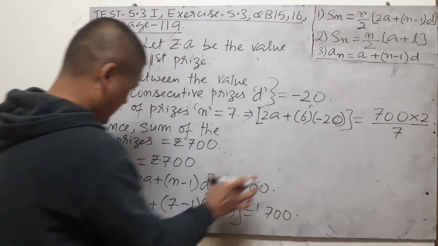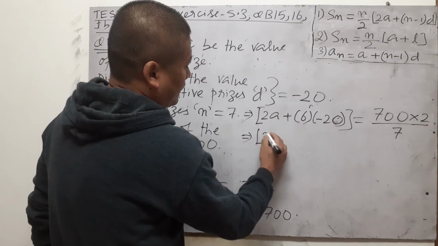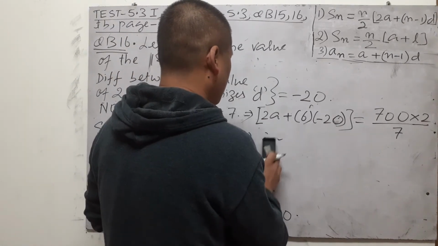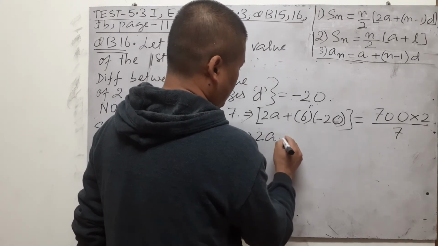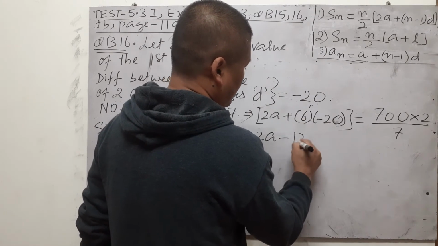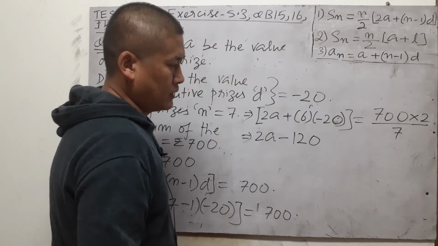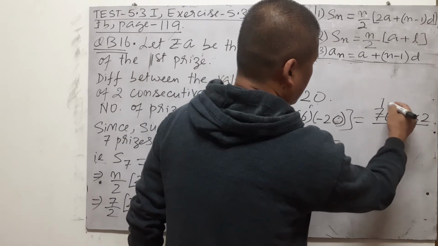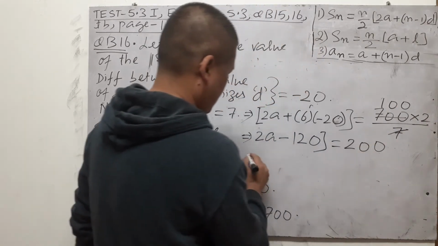So it gives you 2a. Now we can remove the bracket. So 2a plus 6 into minus 20, which is minus 120, is equal to 2 into 700 divided by 7, which is 200.